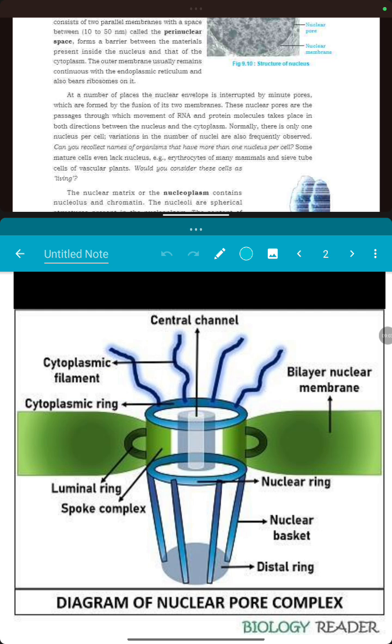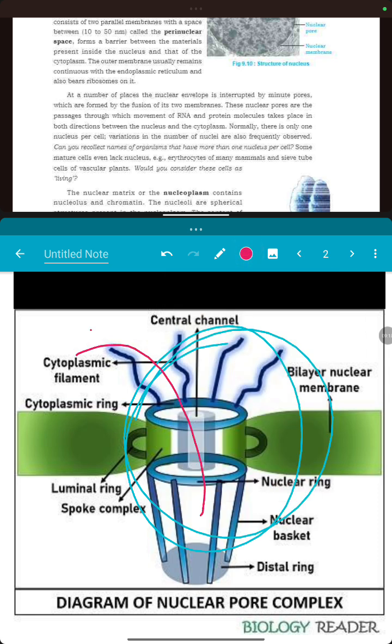From this, the materials from inside will come out, and the materials from outside will go in. This was the cytoplasm.